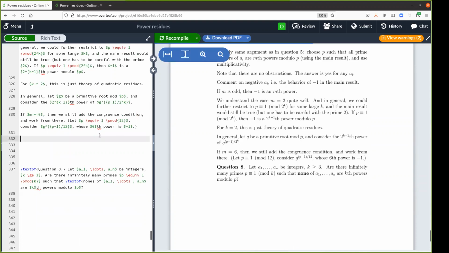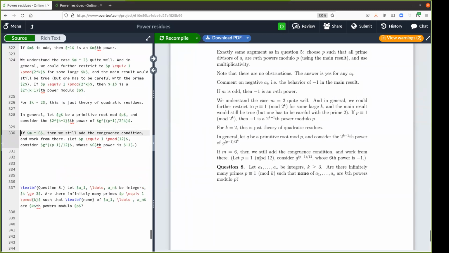we restrict to primes p congruent to 1 modulo 12 instead of only 1 modulo 6 as we did previously. Then you can check that the sixth power of g to the power of (p minus 1) over 12 is minus 1. So minus 1 is a sixth power modulo p.